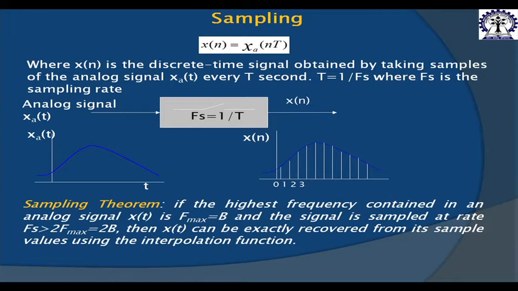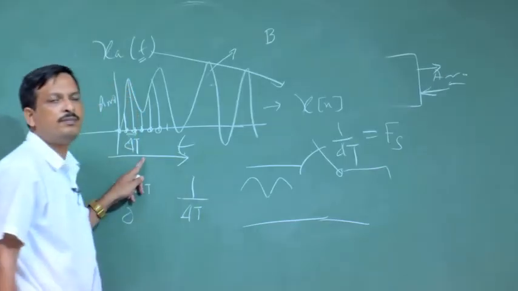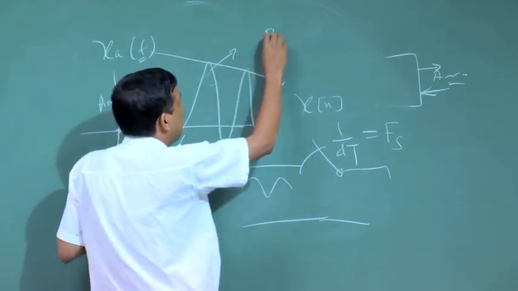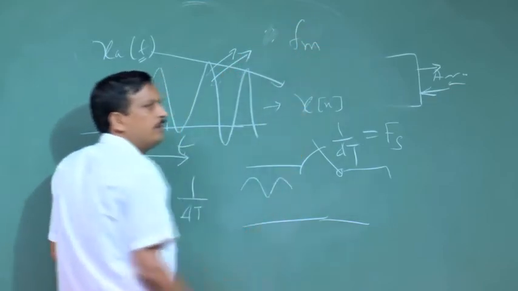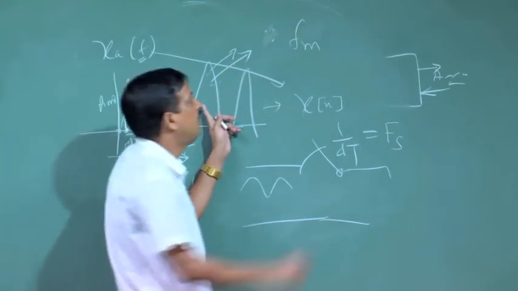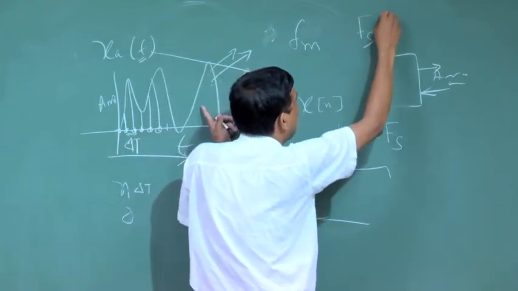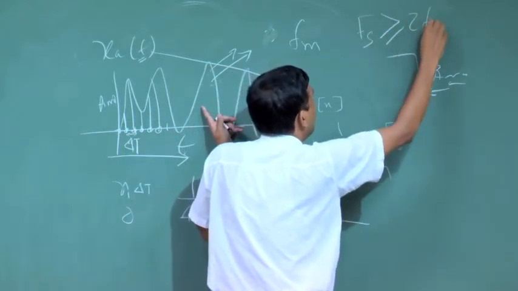The sampling theorem says it is possible to completely recover the signal from the sampled signal, with one constraint. If the baseband bandwidth of the signal is B, meaning the highest frequency component is Fm, then the sampling frequency Fs must be greater than or equal to 2 Fm.